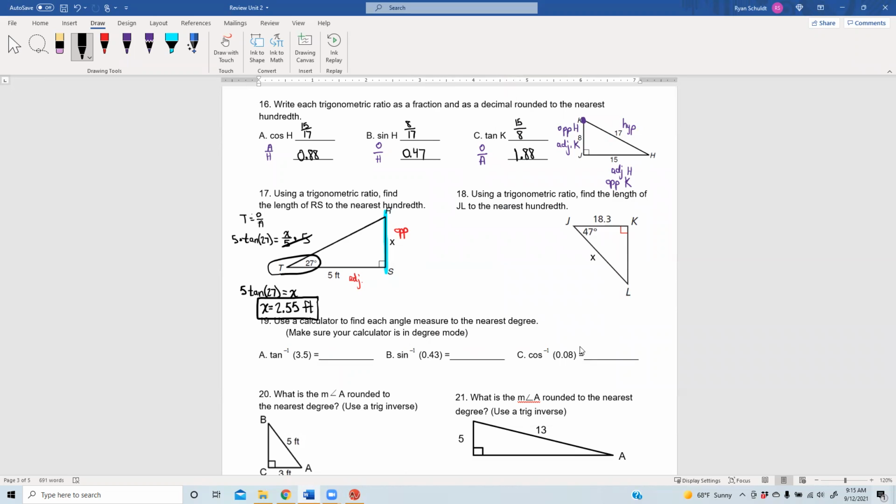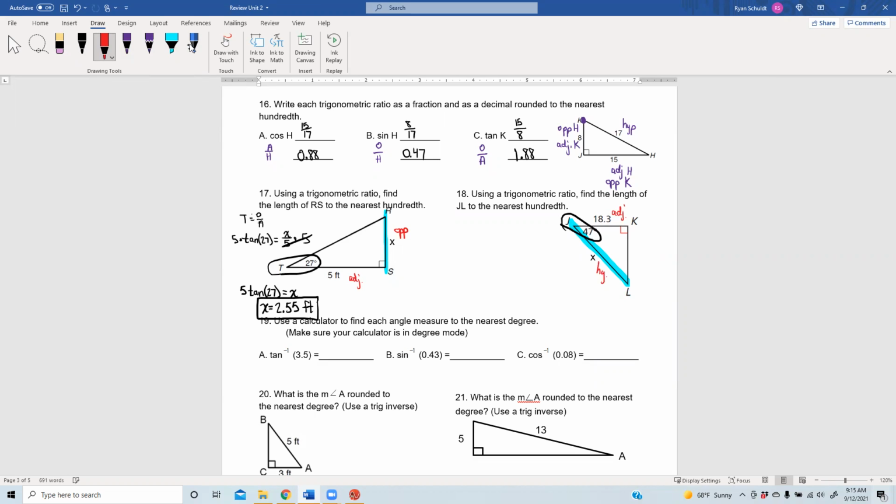Okay, 18. Again, use the trig ratio to find the missing side. Here's our missing side, this X right here. So circle the angle they give you. How does the 18.3 relate to the angle they give you? It's adjacent. What about the X?